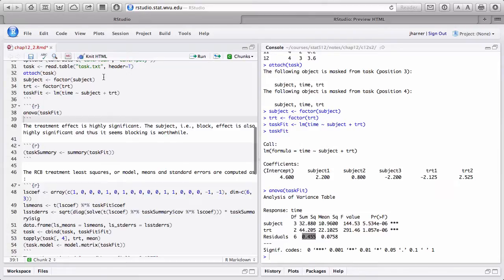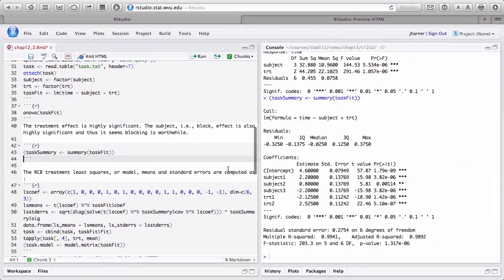So at any rate, if you want to actually see the results in terms of the model parameters, these are the model parameters, and you saw that before when you got the basic output from the basic model fit.